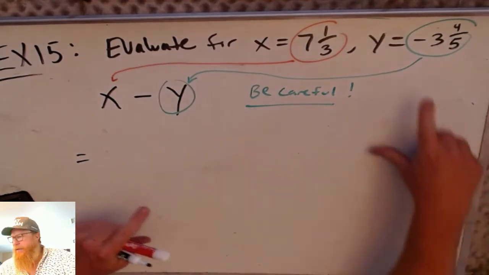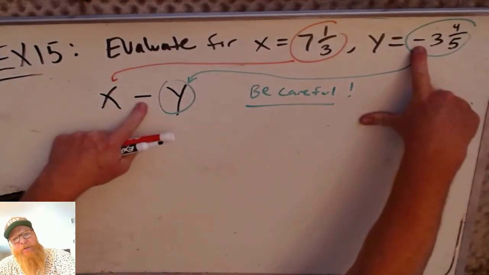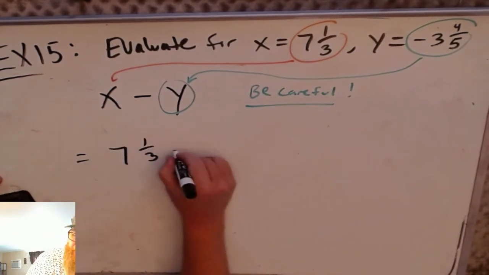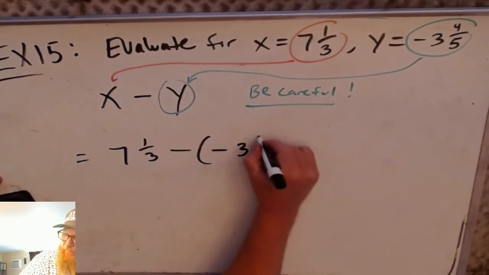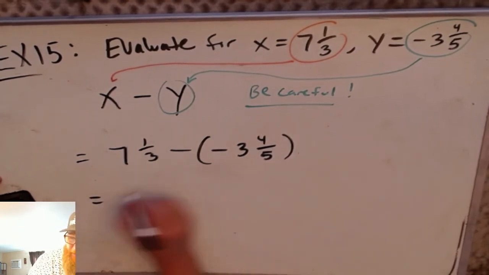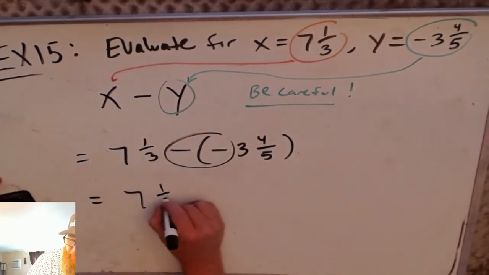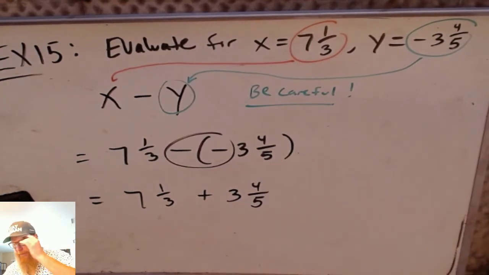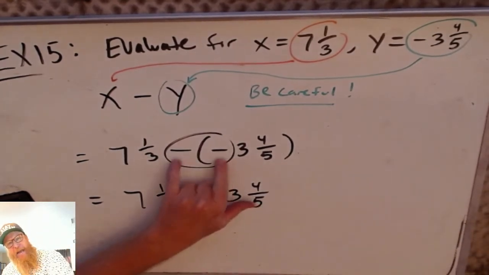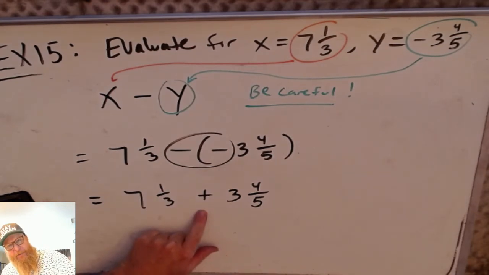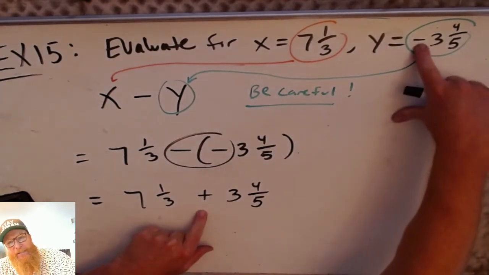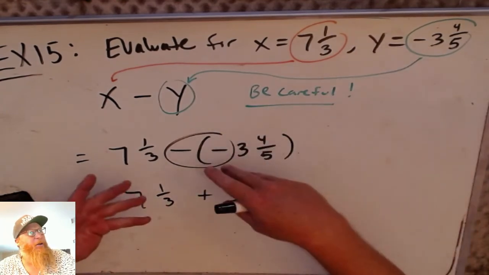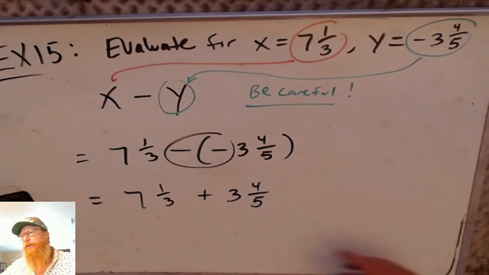That's a negative, and this is already a negative. So when I plug them in, watch what happens. It's now going to be positive. So negative, negative is positive. Now again, that's only because this y value is already negative. So you're plugging a negative into an expression that already has a negative in it.